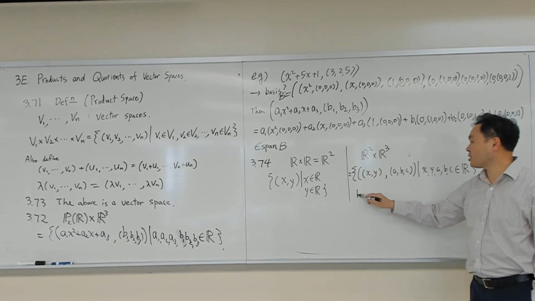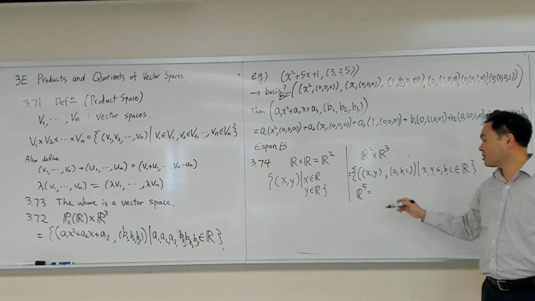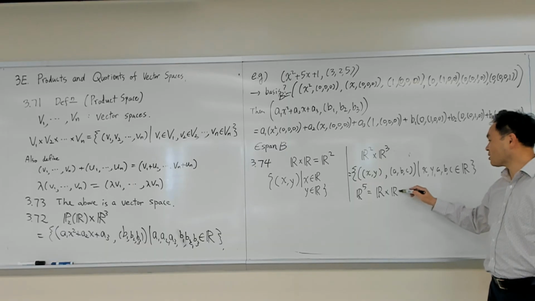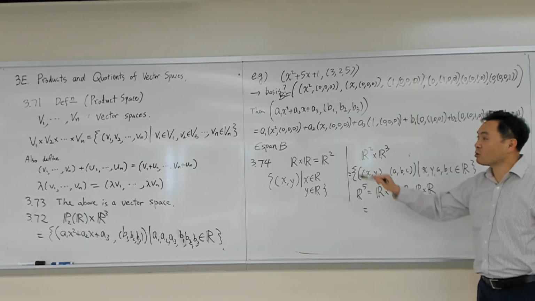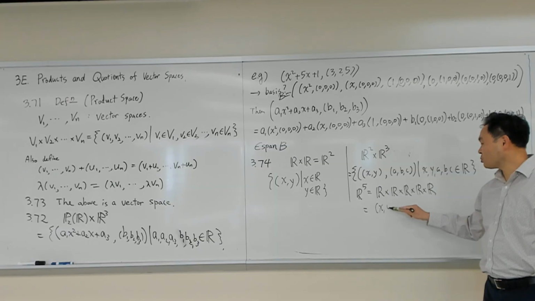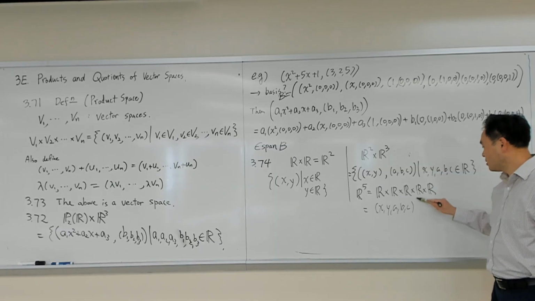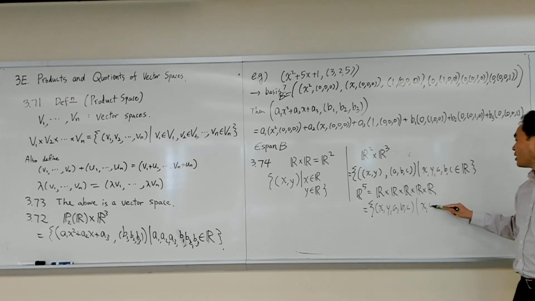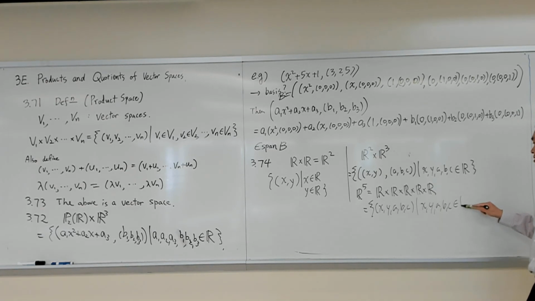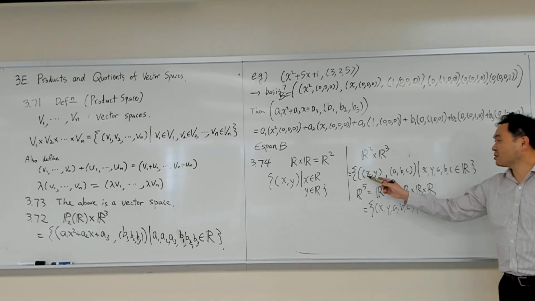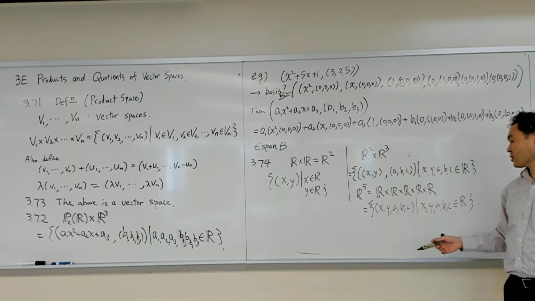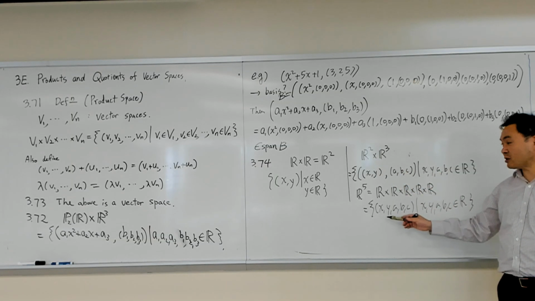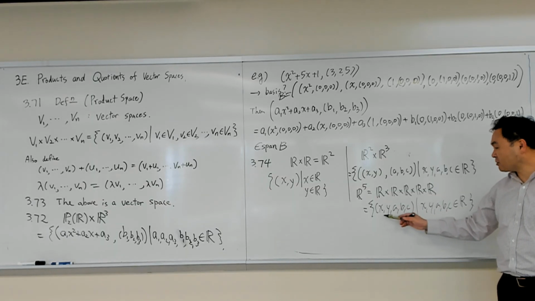But if you look at R5, R5 by definition means R cross R cross R cross R cross R. And this one, according to the definition we wrote down, will be x, y, a, b, c with x, y, a, b, c in R. See, the elements in here are lists of lists, or tuples of tuples, whereas this element in here is a list of length 5, a list of real numbers.